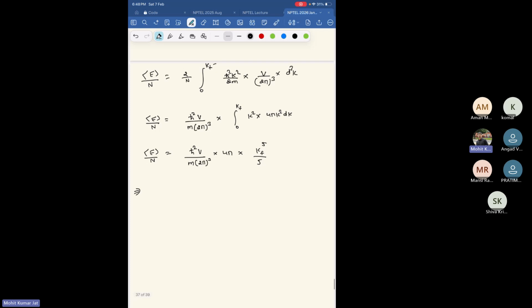Can anyone of you tell me how this integral 4πk² dk is defined? Where does this 4πk² dk come from? Anyone? Is there anyone who will explain where this 4πk² dk comes from?